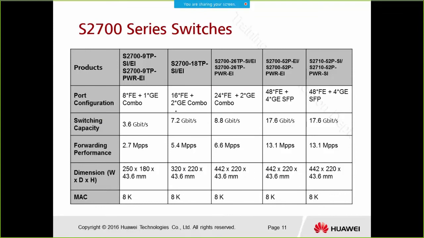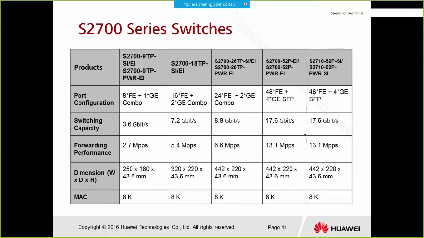And here are some parameters of S27 switches. For 27, we can see here, it has different numbers of ports and different switching capacities and forwarding performance. But the dimension, no big difference.